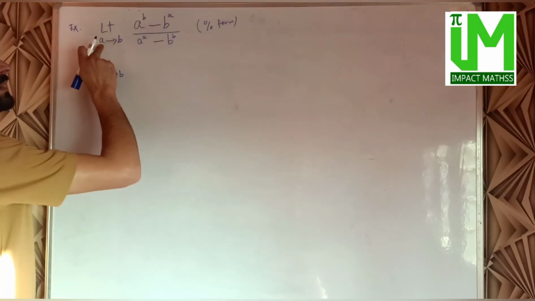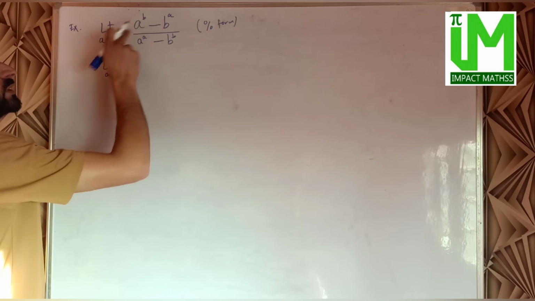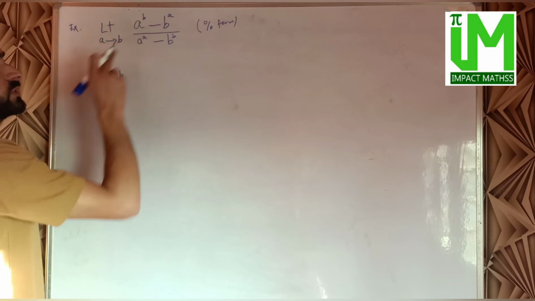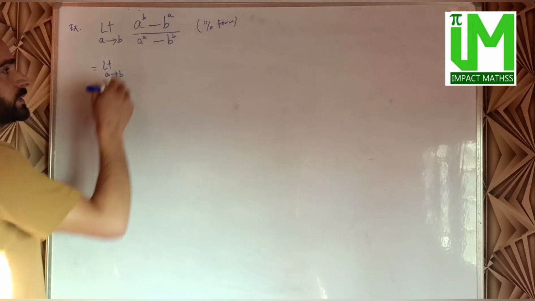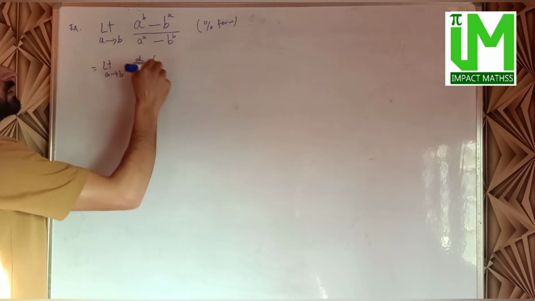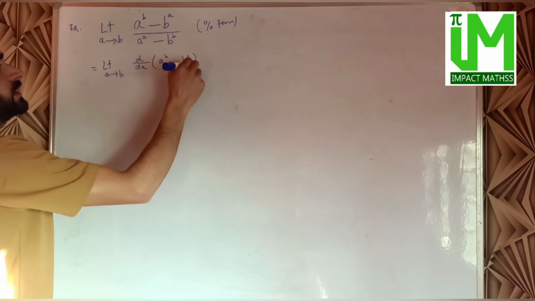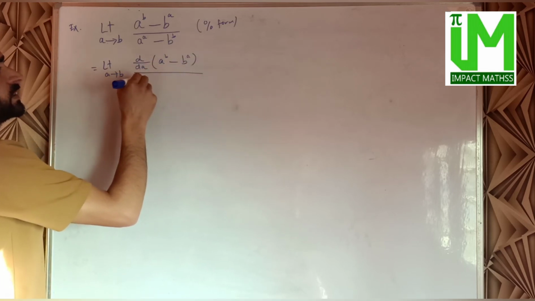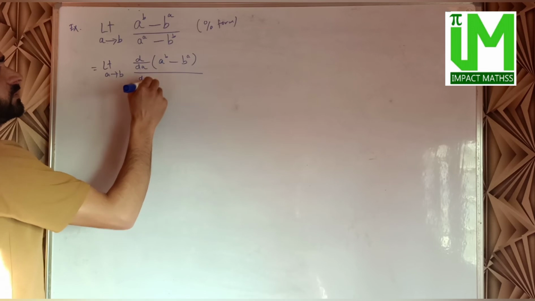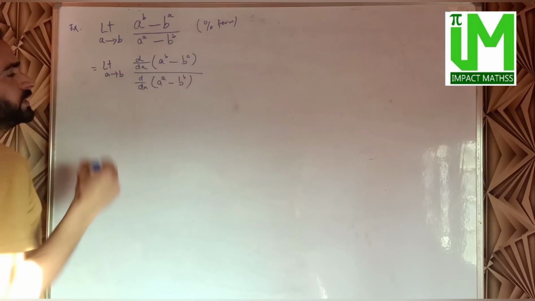But here a is variable, so that means we have to differentiate numerator with respect to a and we have to differentiate denominator with respect to a. So we can write this as d by dA of a to the power b minus b to the power a divided by d by dA of a to the power a minus b to the power b.